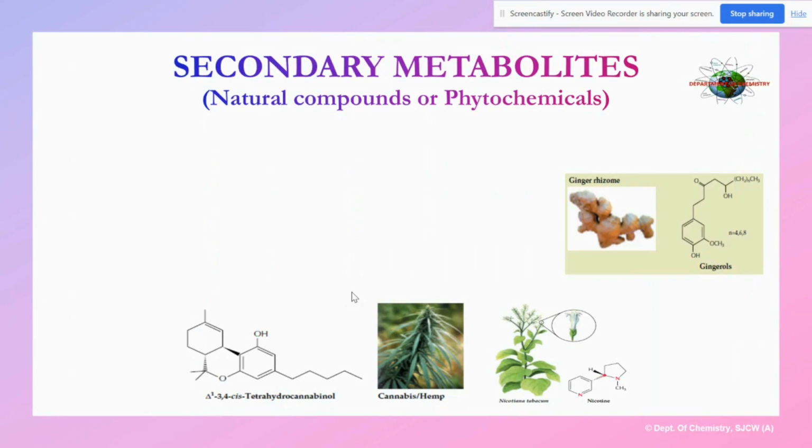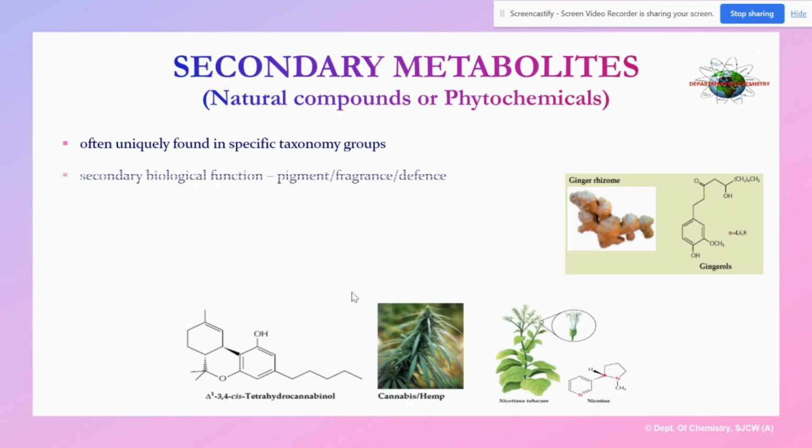Secondary metabolites are often uniquely found in specific taxonomic groups. Secondary metabolites are specifically found in specific groups of plants and animals. They are more or less unique to the particular species. They have secondary biological function.